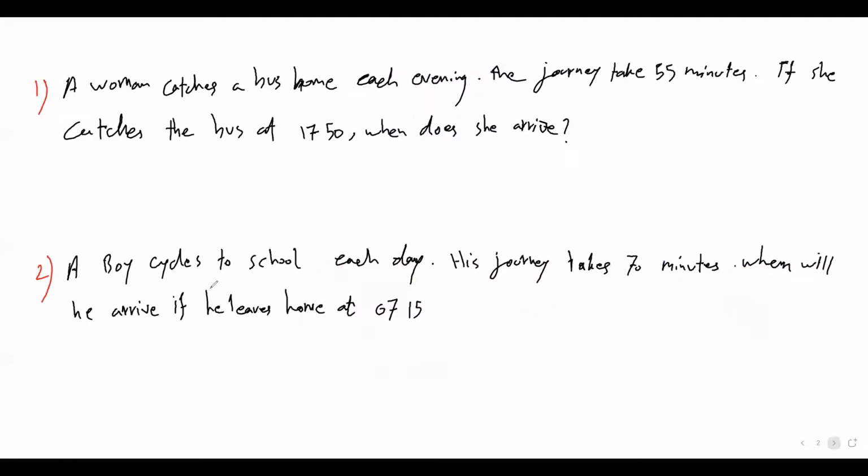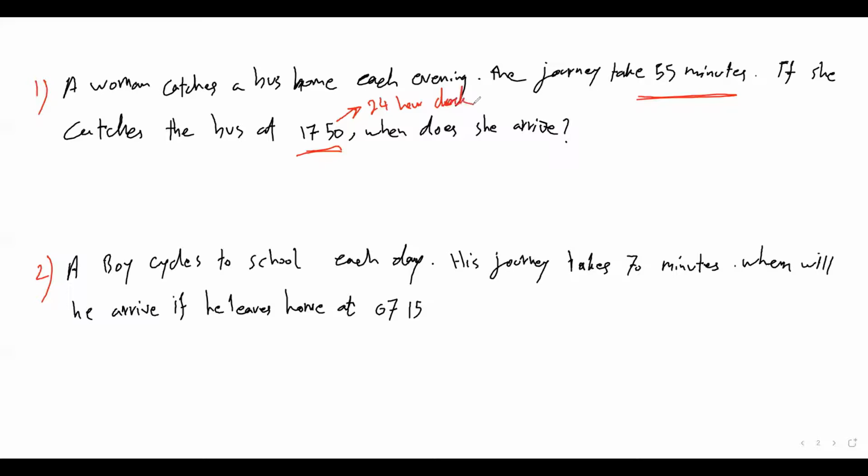So the first example is about a woman who catches a bus home each evening. The journey takes 55 minutes. So if she catches the bus at 17:50, when does she arrive? So this is already in 24-hour clock system, right?